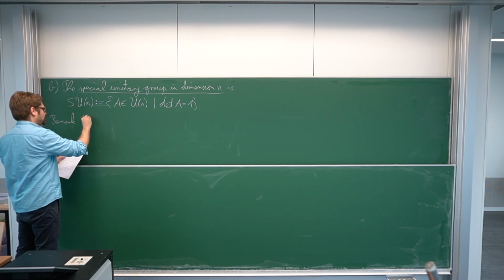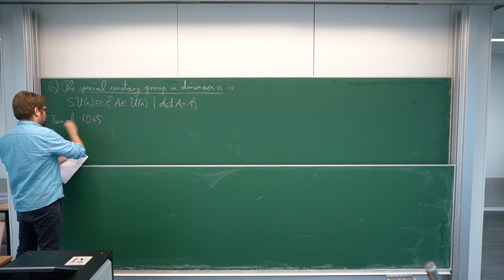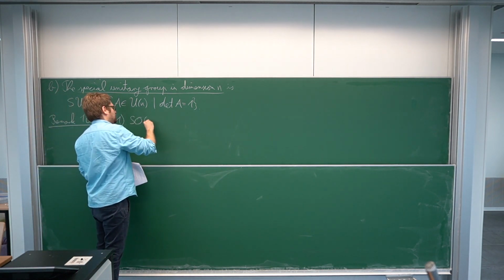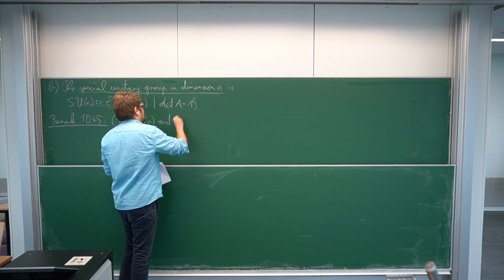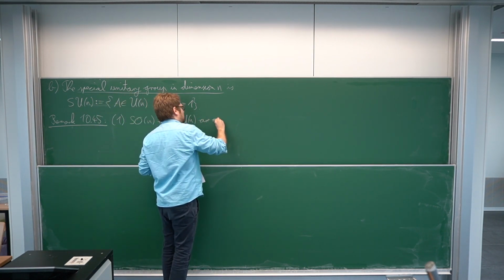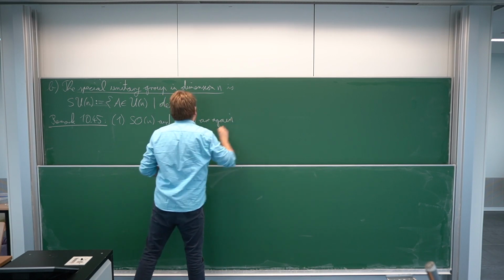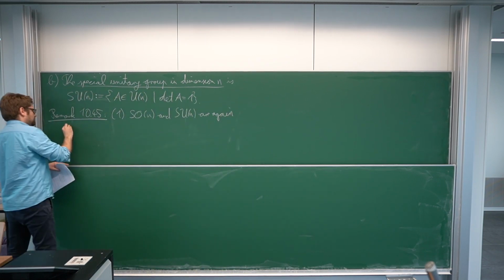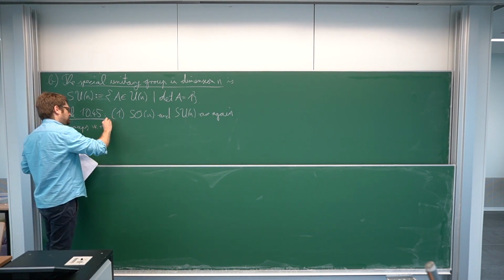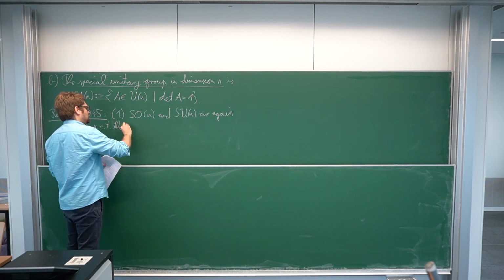So let me just fix that: SO(n) and SU(n) are, again, groups with respect to the matrix product.